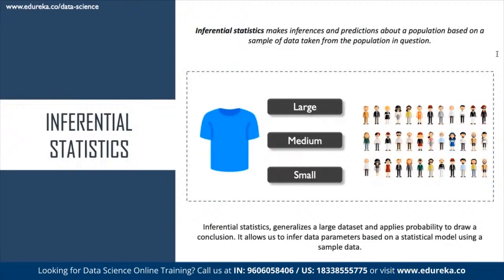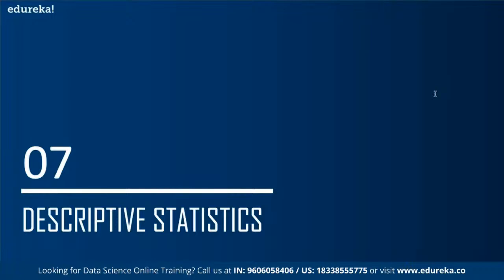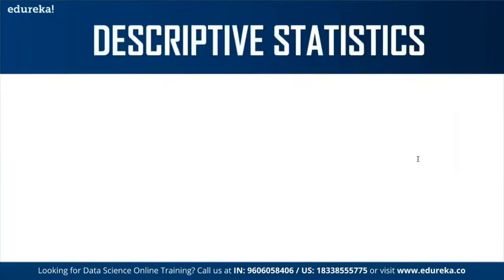Now let's look into these two main components in depth, what exactly they are and what they contain. First of all, we have descriptive statistics. This is what we have already studied so many times in our school days, from school to college, right?